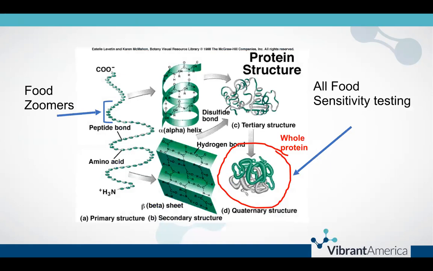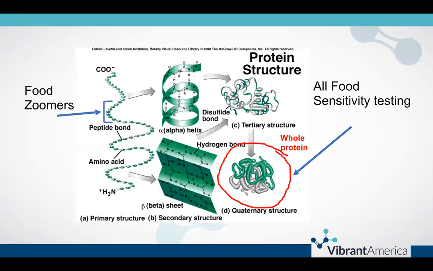We have made this for each of the food zoomers that we are testing. So we've taken the entire proteome of wheat, all of the species of seafood, nuts, soy, corn, and so forth. And we've created the big, long chain of amino acids. And then from that chain of amino acids, we're looking at individual little snippets of it.